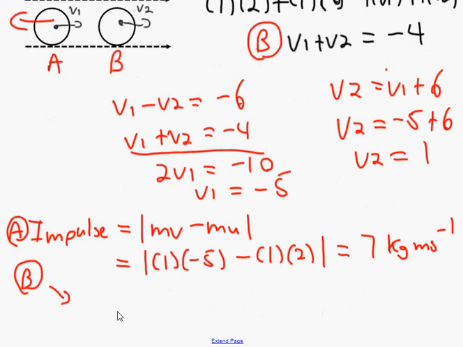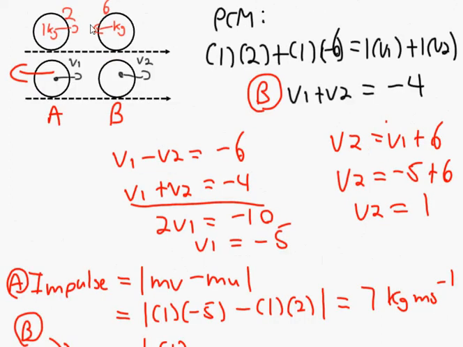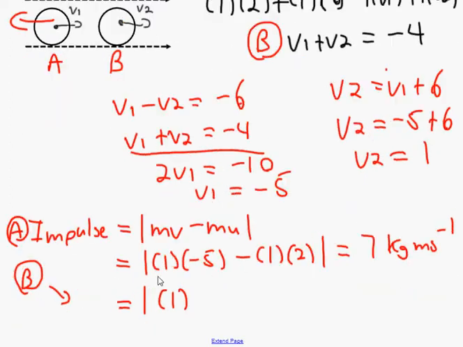For particle B, it would have been 1 times... It was going 6 to the left, which is minus 6. And then it was going 1 to the right. And once again, that's going to turn into minus 7.